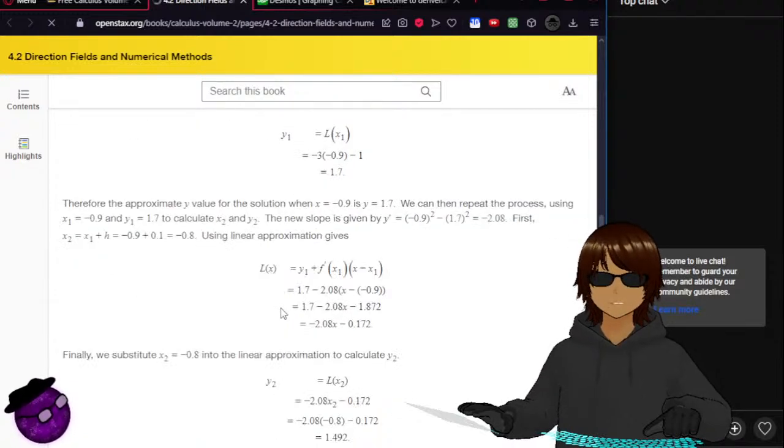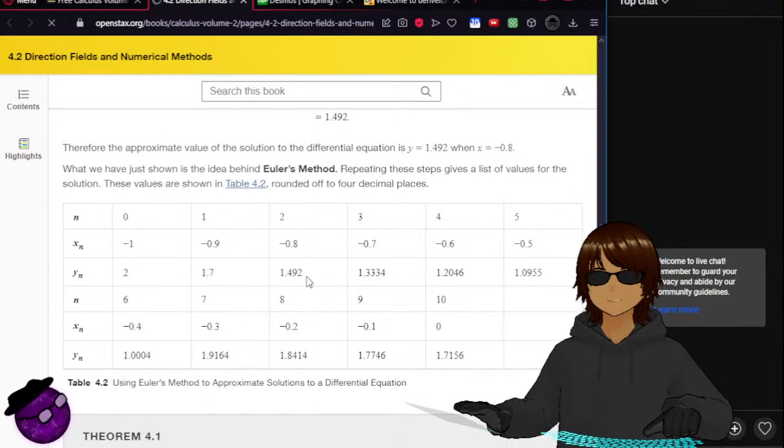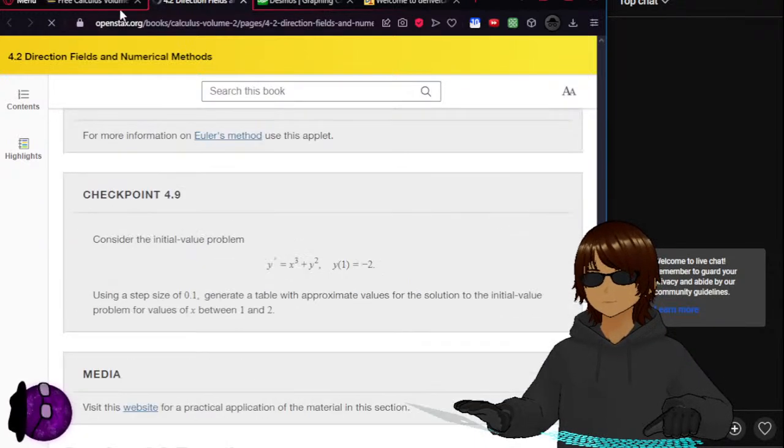Actually, let's do one question about Euler's method.